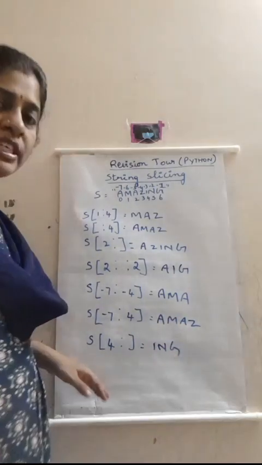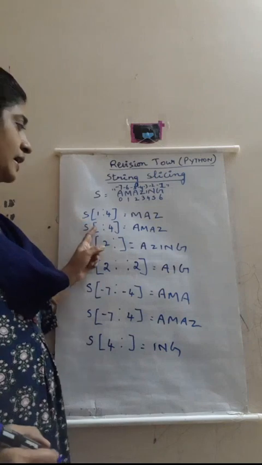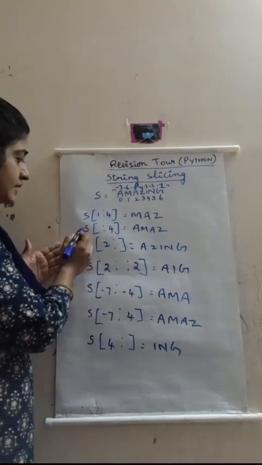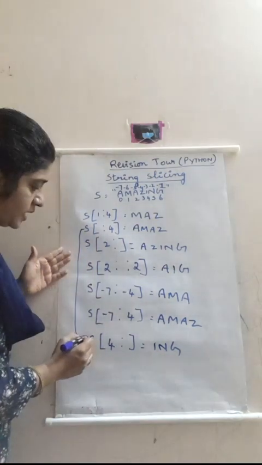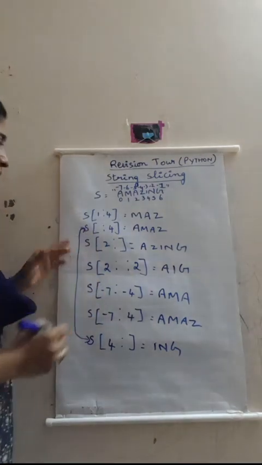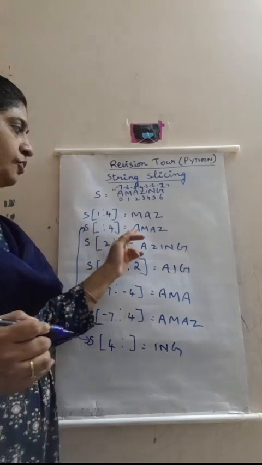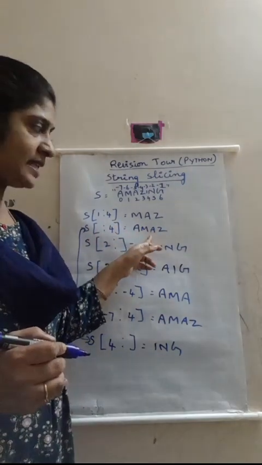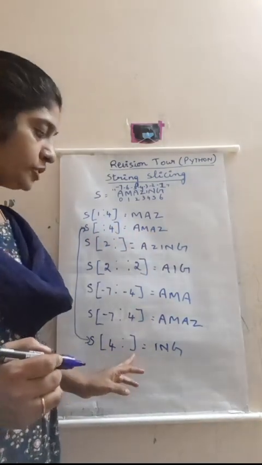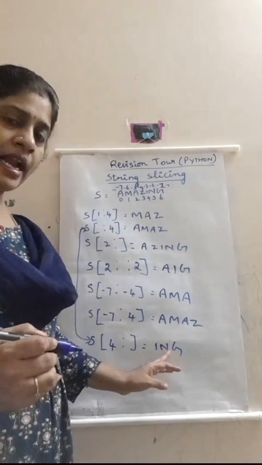Now you have to notice one thing. In this case, from 0 to 4, I got AMAZ, and then from 4 to end, I got ING.